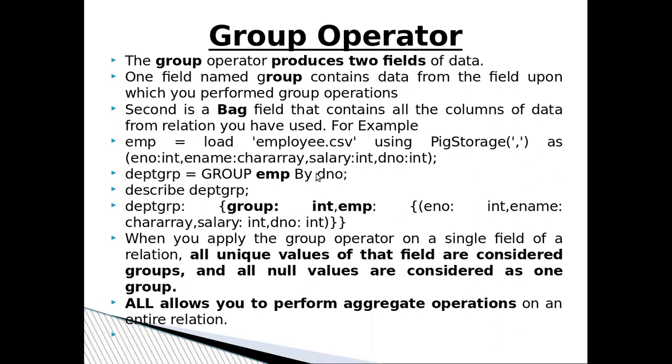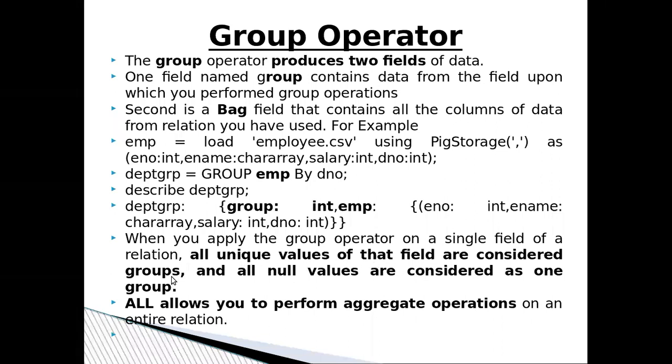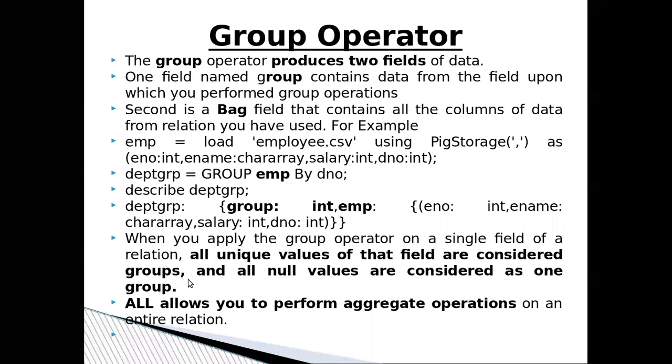Also remember that when you apply the group operator on a single field of a relation, like we have done here, we have group M by DNO. This is a single field. So if we apply the group operator on a single field of a relation, all unique values of that field are considered groups. Okay, and all null values are considered as one group.